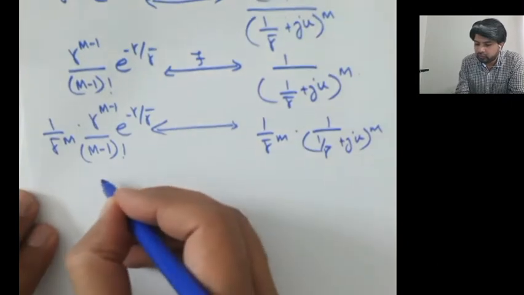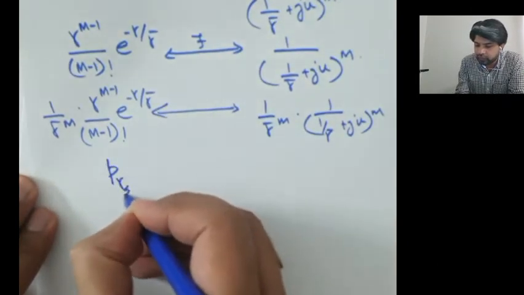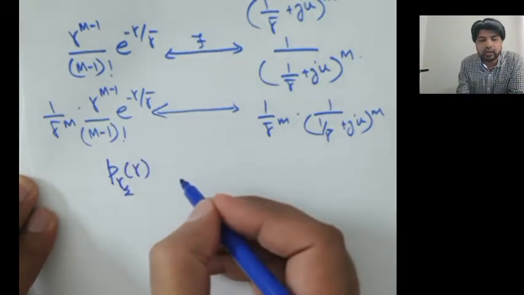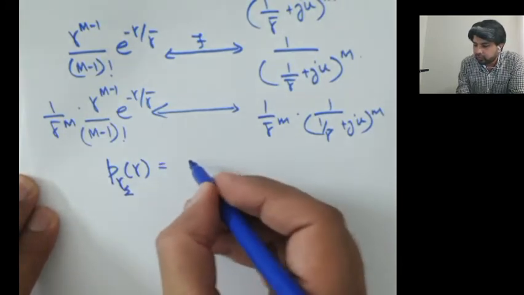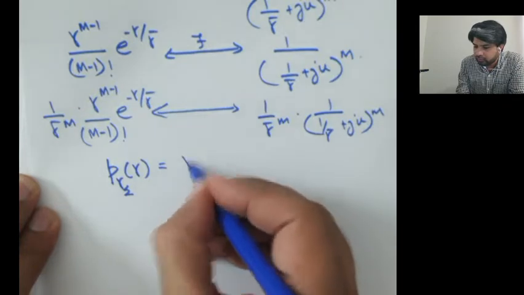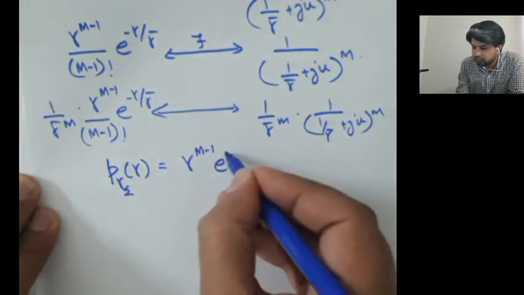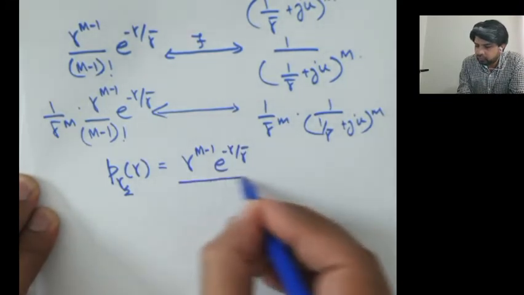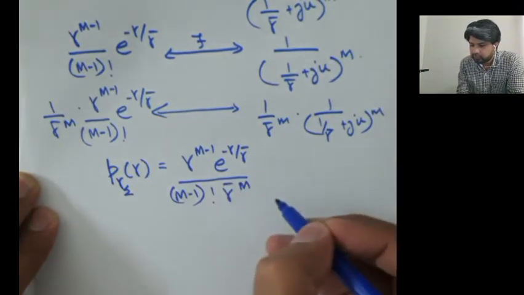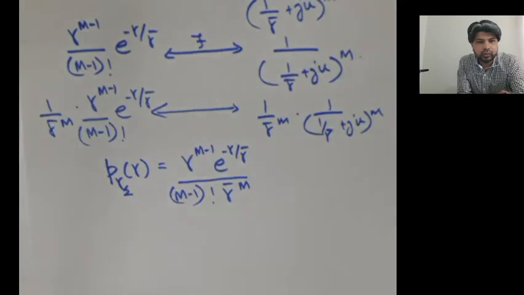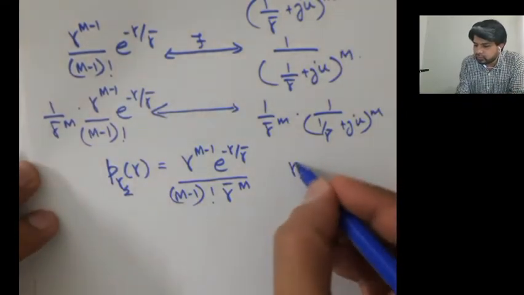What we have here is the distribution of the fading, p of gamma sigma, at the combiner output for Rayleigh fading when all of the branches are identically distributed, and that equals gamma to the power M minus 1 times e to the power minus gamma over gamma bar, over (M minus 1)! gamma bar to the power M. This is the distribution at the combiner output, and remember this gamma must be greater than or equal to 0.